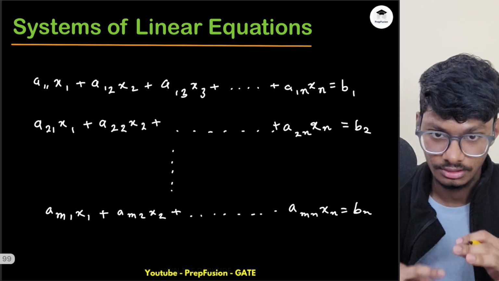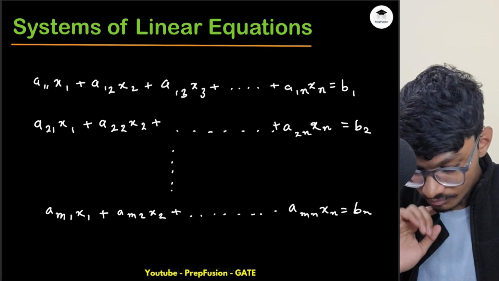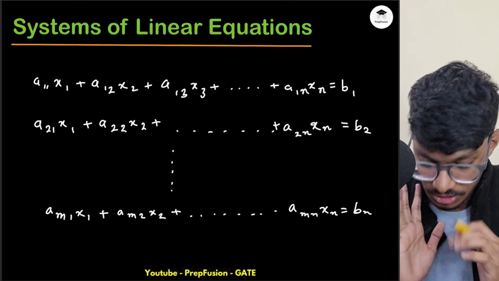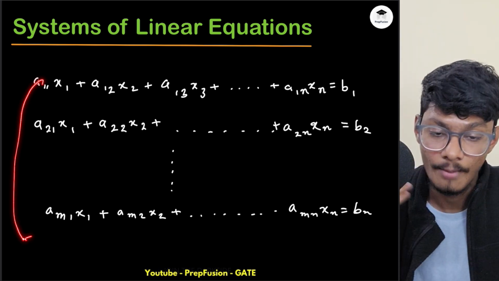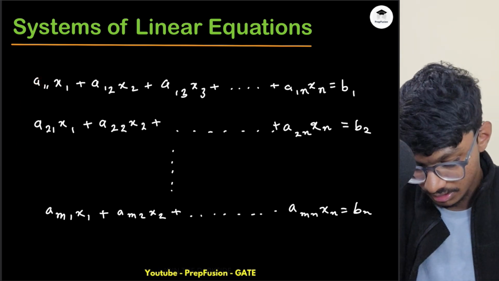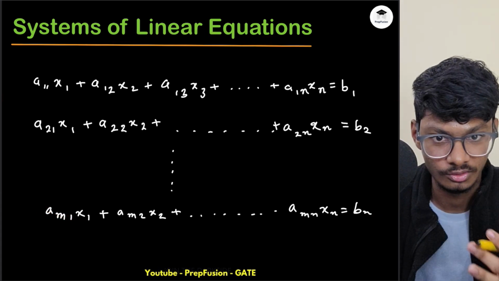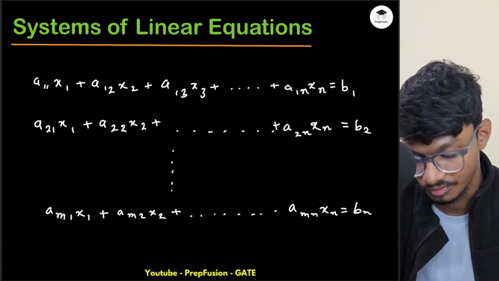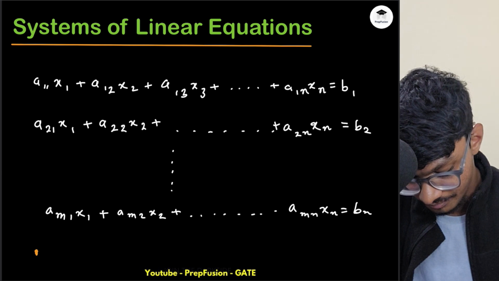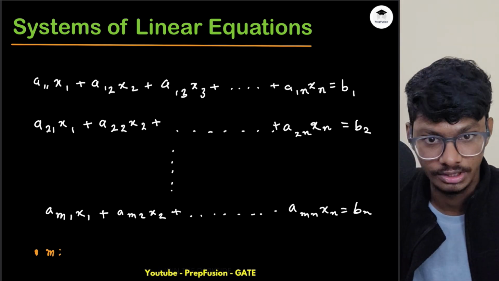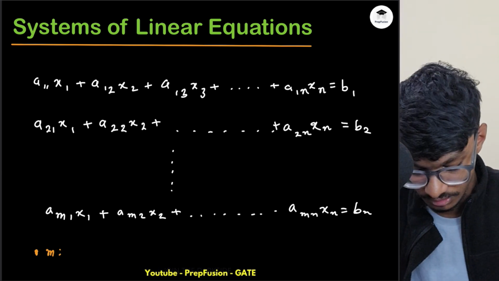So now let's summarize whatever we learned. Systems of linear equations. If we have m linear equations, just don't worry about the notation, these are just written as n linear equations. So I will write: m is the number of linear equations. How many linear equations do we have?